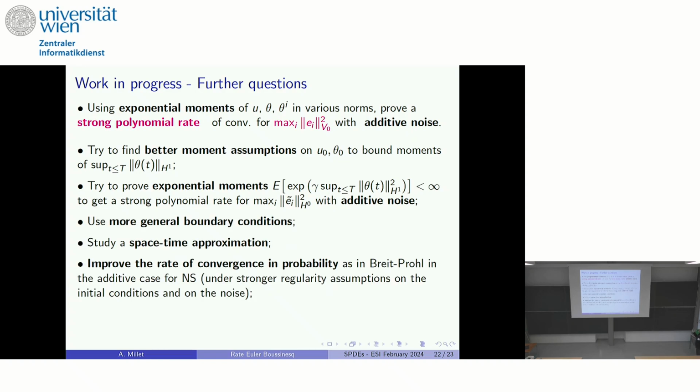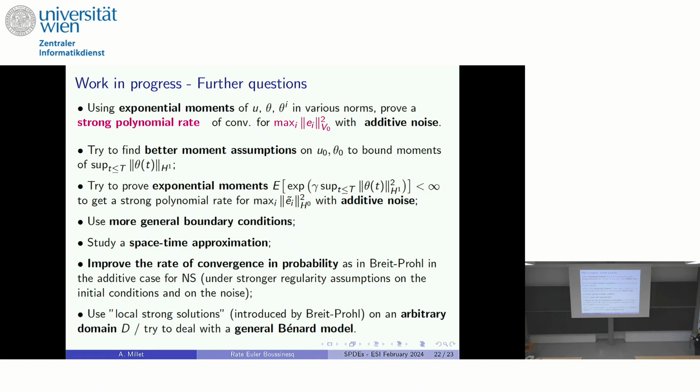And then, of course, we would like to get rid of the assumption that it's a torus with periodic boundary conditions. Use space-time approximation, as Brett and Paul did. If we increase regularity of the initial condition, if we increase regularity of the noise, we might have differential convergence in probability.